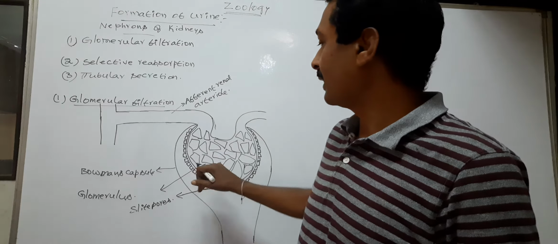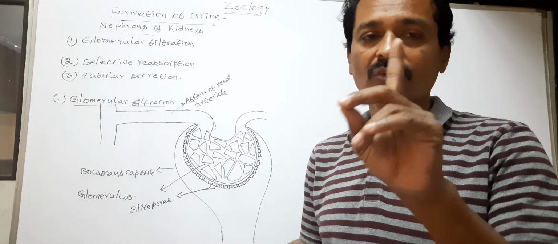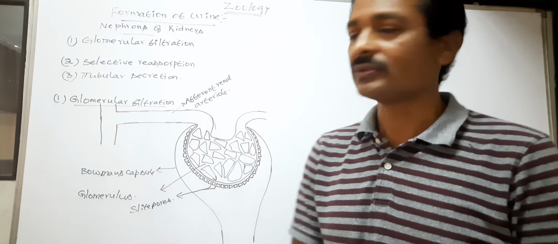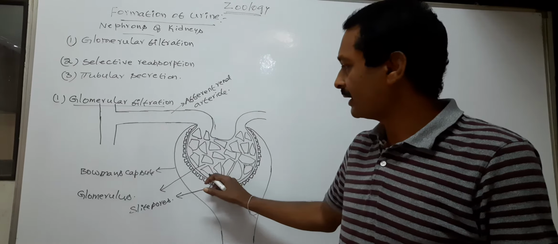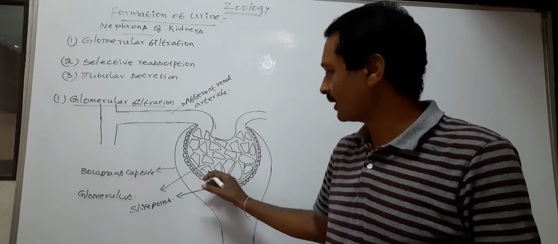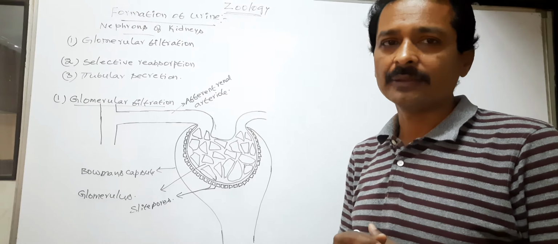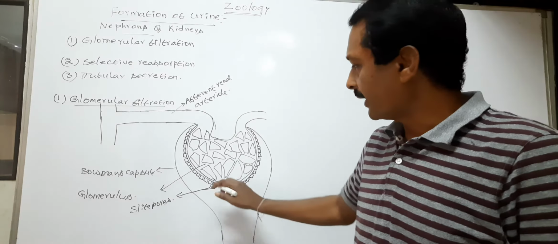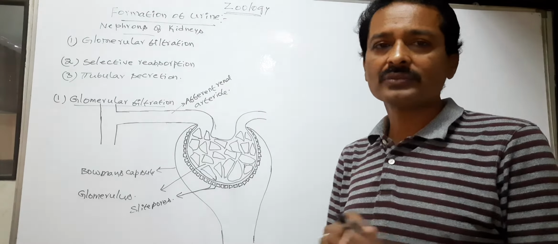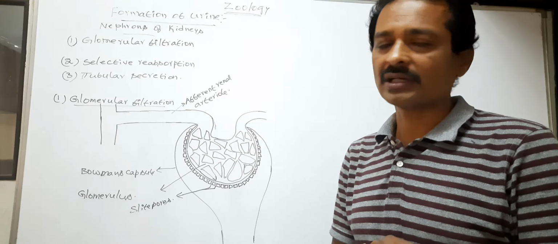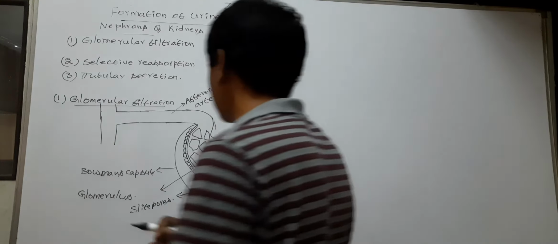But blood capillaries possess only one layer called endothelium. So the blood capillaries of the glomerulus are lined by endothelium. The endothelium forms small openings called fenestrations.